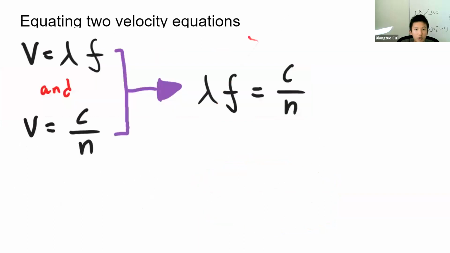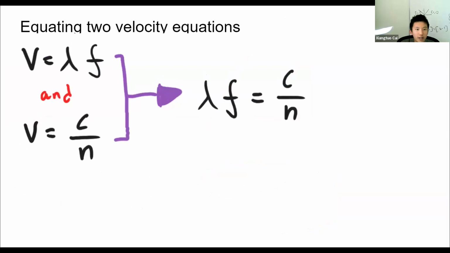So we got 2 equations for finding the velocity of light. Number one, velocity equals lambda times frequency, which means it equals wavelength times frequency. And we also got that the velocity equals the speed of light divided by the refractive index.